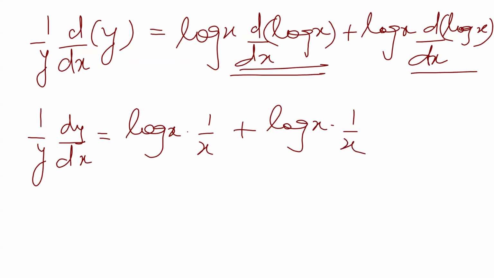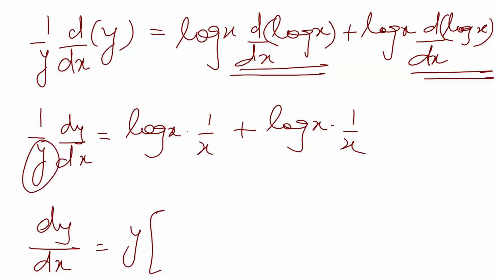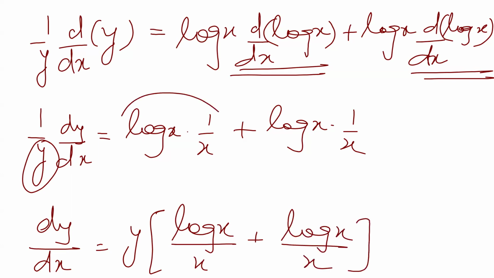Derivative of log x is 1 upon x. So dy by dx, cross multiply y on the other side. So this is log x upon x plus log x upon x. Log x into 1 upon x is log x upon x.